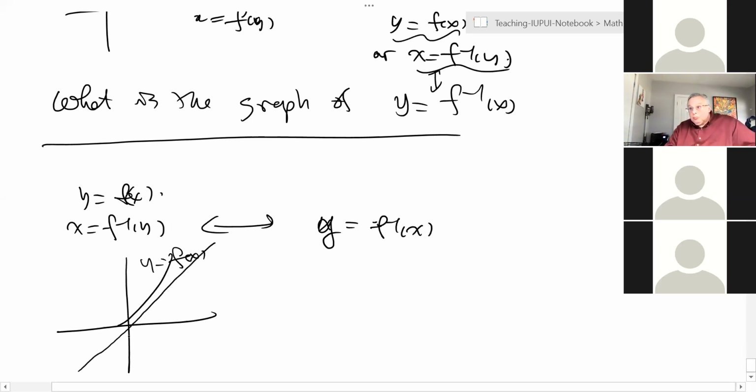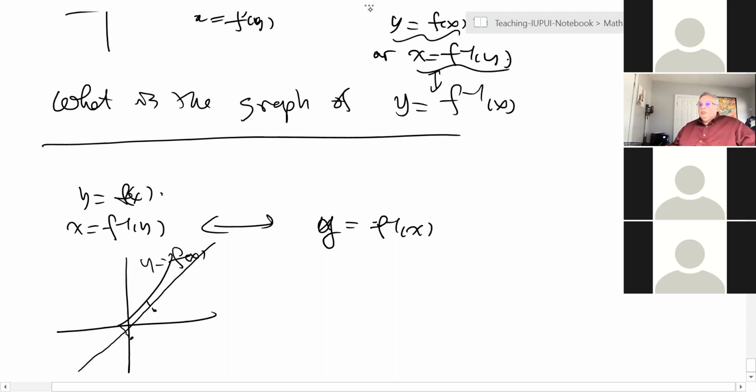Actually, what you would get is a symmetry about this line.